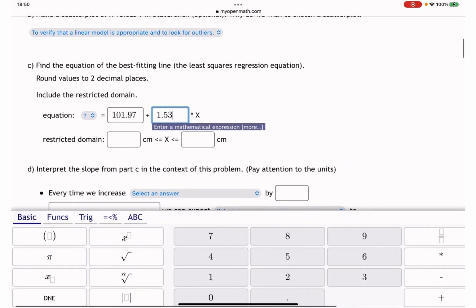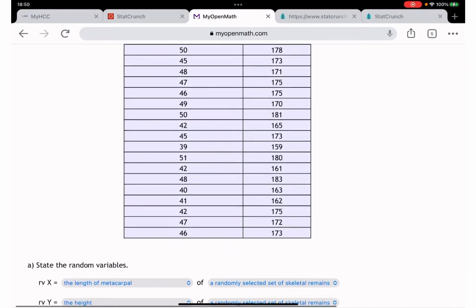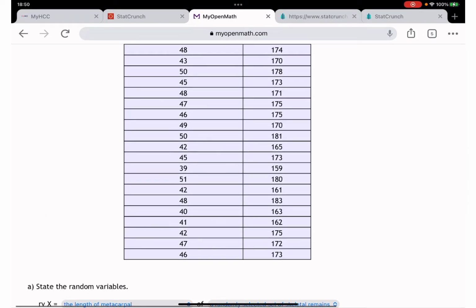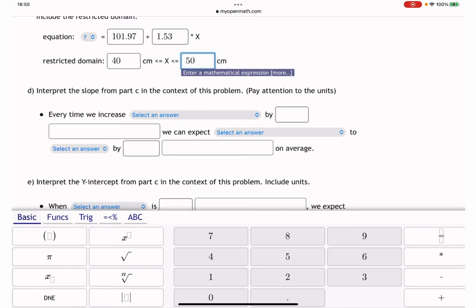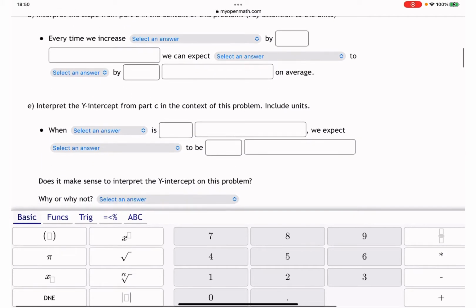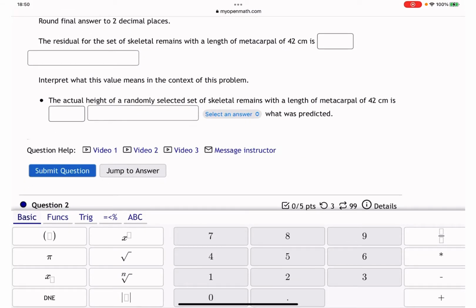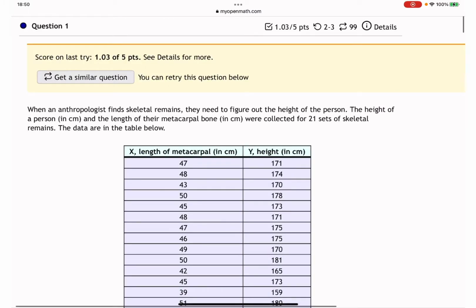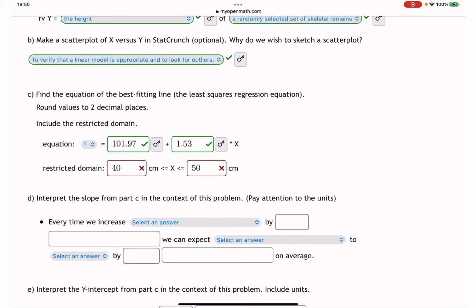Okay. Restricted domain. What is restricted domain? The value of x, minimum and maximum. How much is our minimum here? The minimum is 40, maximum is 50. Let's write it down. 40, 50. Moving to D. I'm wondering if it will check what we did so far. Okay, let's see, 40, 50.